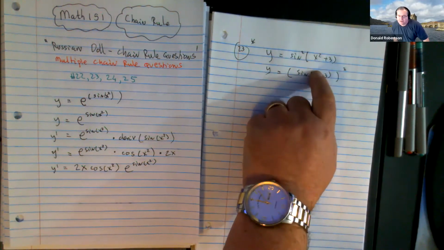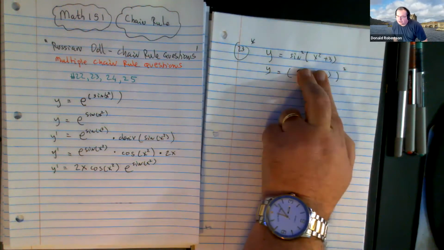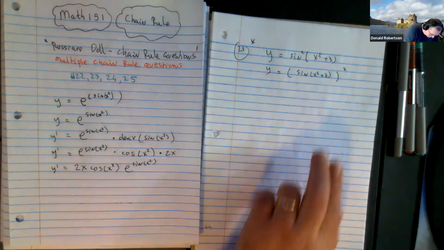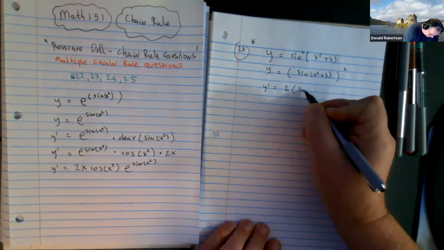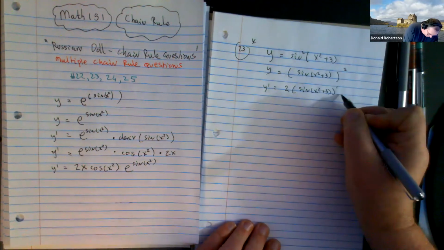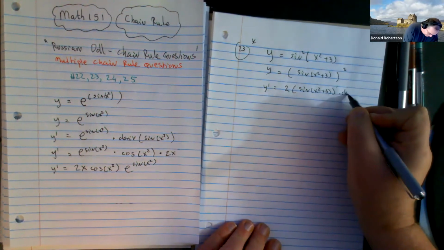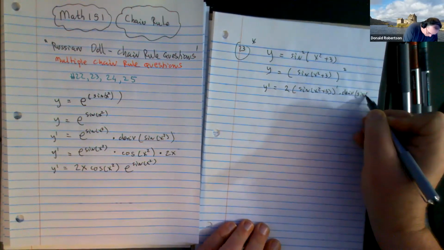Now, when I write it this way, I can see the chain rule a little bit clearer. Would you agree it's something squared? So when you differentiate something squared, you get that to the power of 1 times the derivative of the something, the inside function.